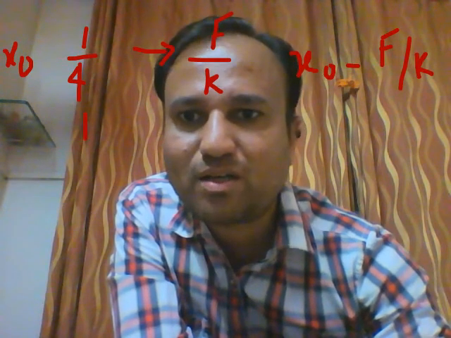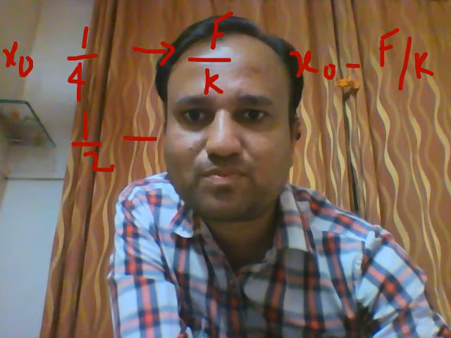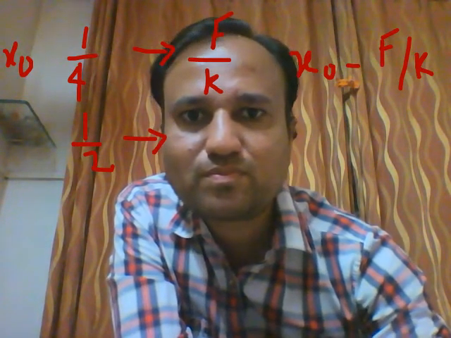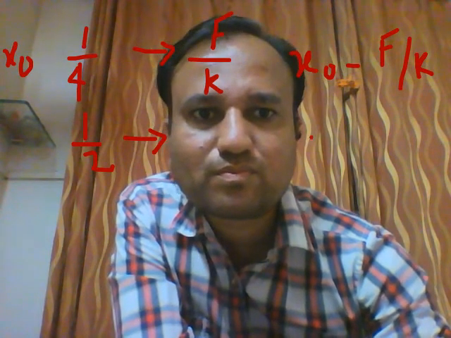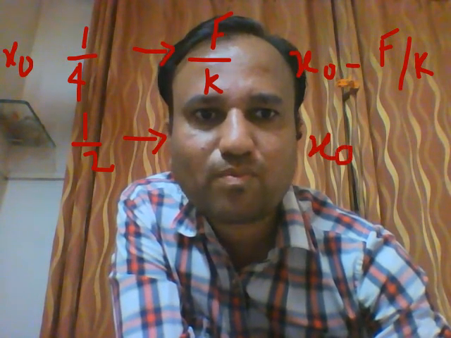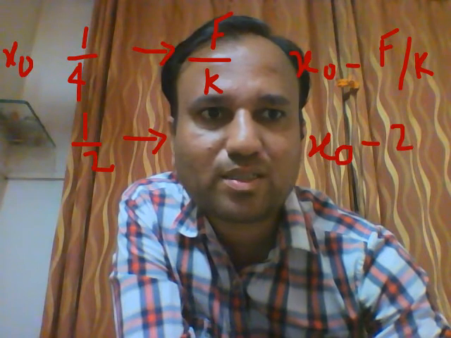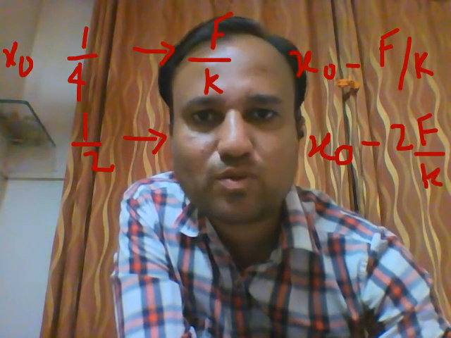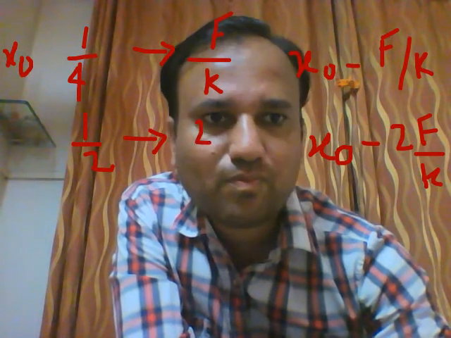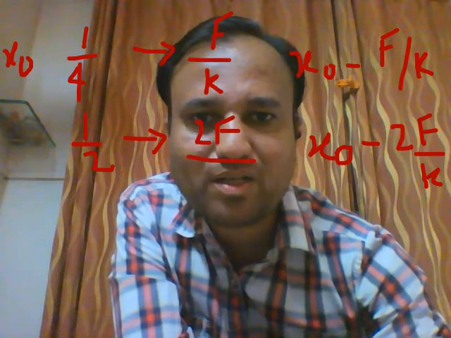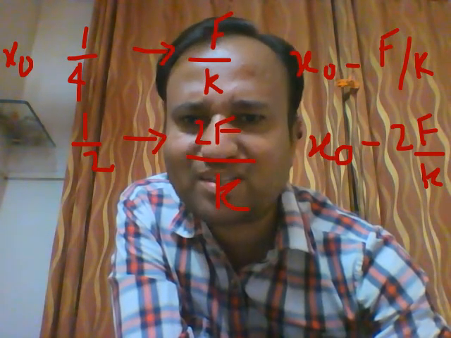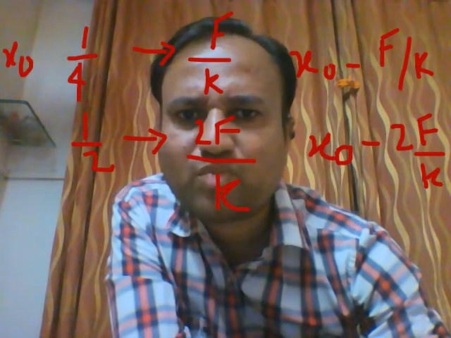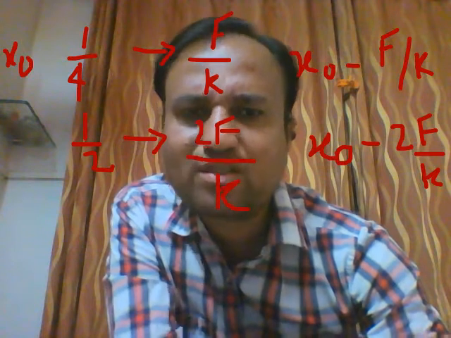So after 1/2 cycle, x0 minus 2f by k. Similarly, 3/4 cycle, 3f by k.